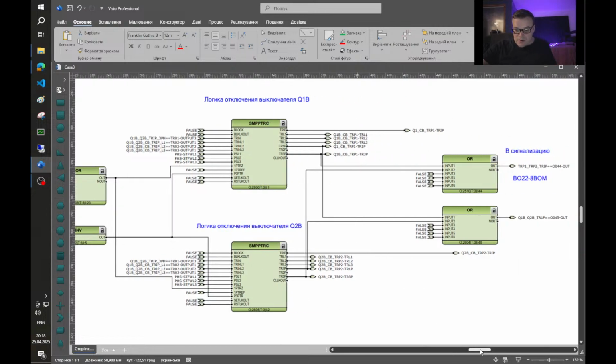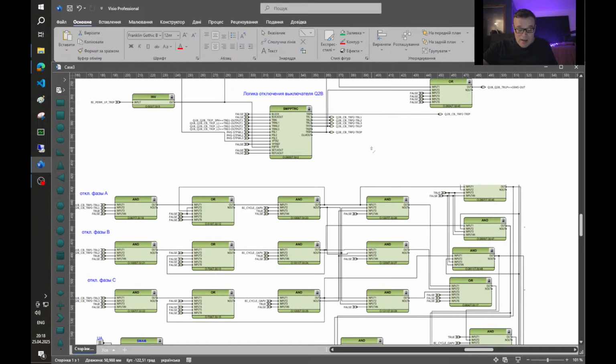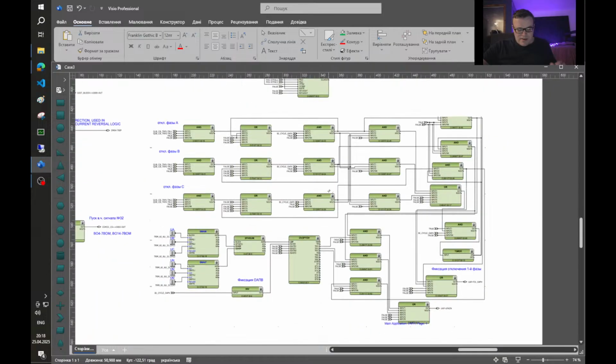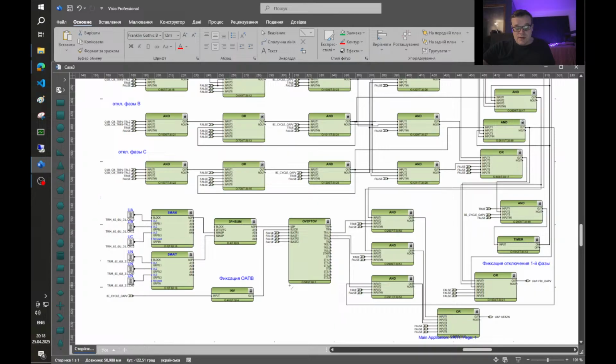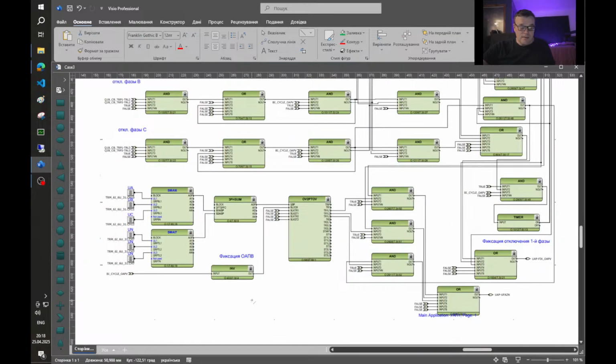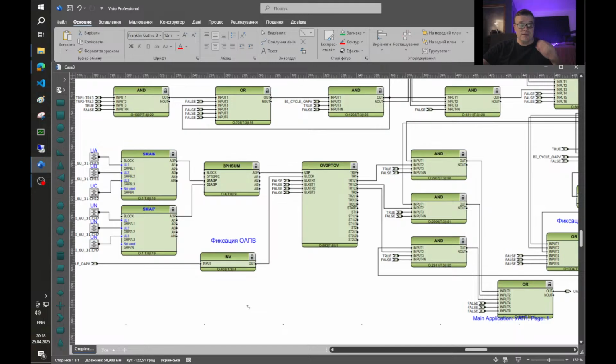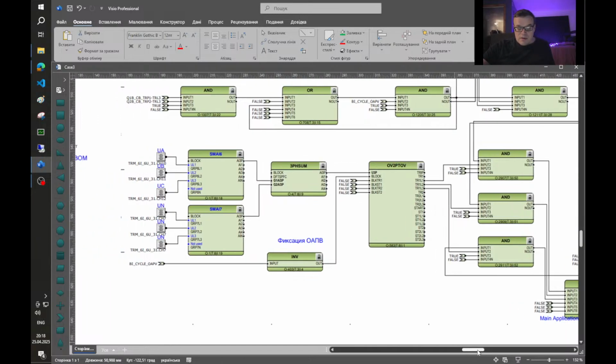So here is the logic for the two breakers, and this is a very complex, let's say, logic. It is related to the adaptive single phase AR. The main thing in that logic is the overvoltage protection block that is active just during, I believe you remember this binary input.